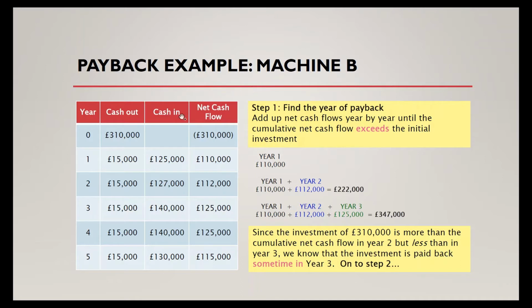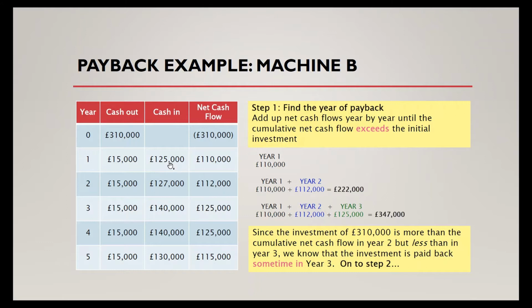As we can see from the question, in the first day, the initial investment is £310,000, and therefore the net cash flow is a negative 310. Remember, in accounting and finance, when you see a parenthesis, that represents a negative figure. In year 1, we have a revenue of £125,000.